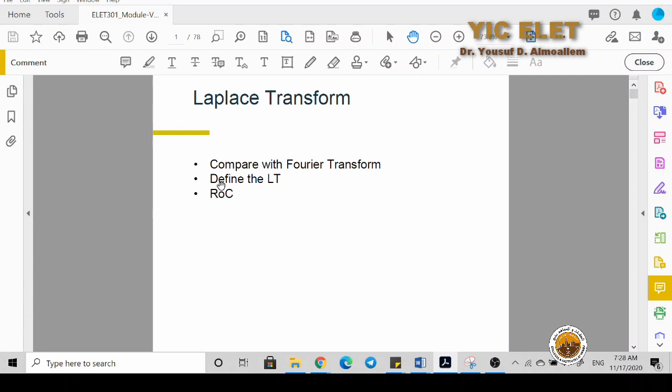Then we will define the Laplace transform in the forward direction and inverse direction. Then we will cover the region of convergence, ROC. And we will see there are many similarities between the Laplace transform and the Fourier transform.